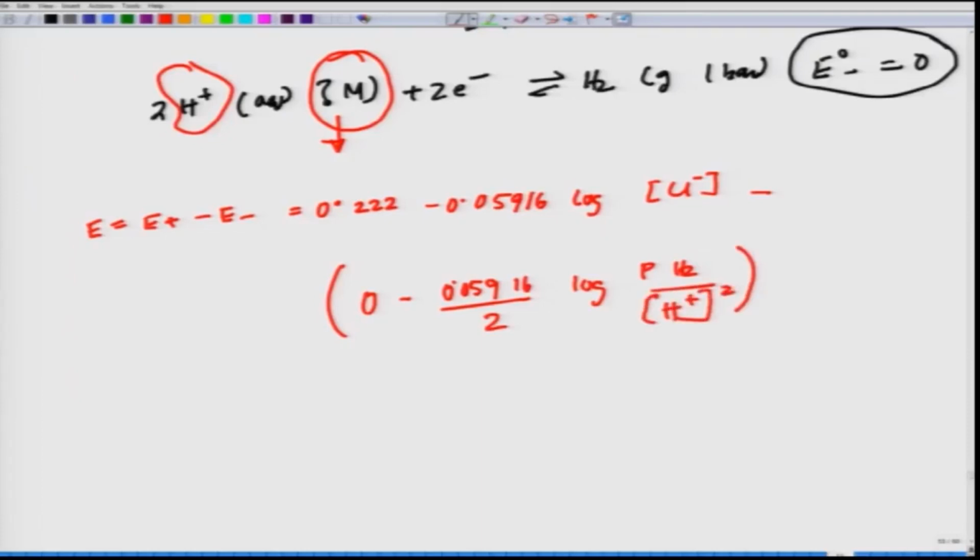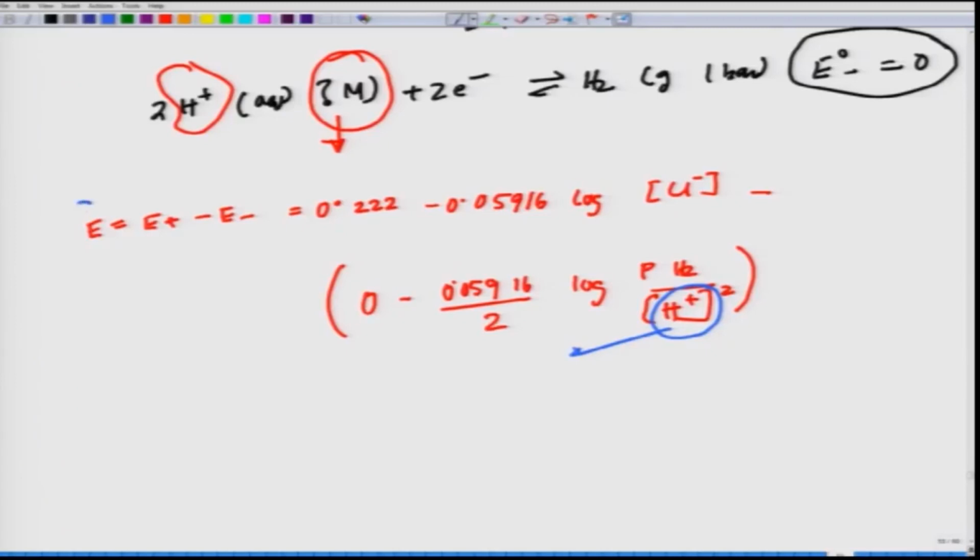Now what we do not know here is this term. After inserting the known quantities, we discovered that the only unknown is the H plus. So the measured voltage allows us to find H plus.